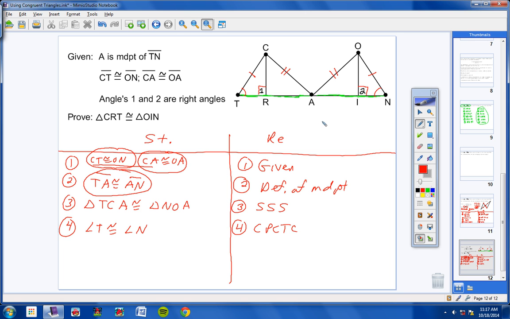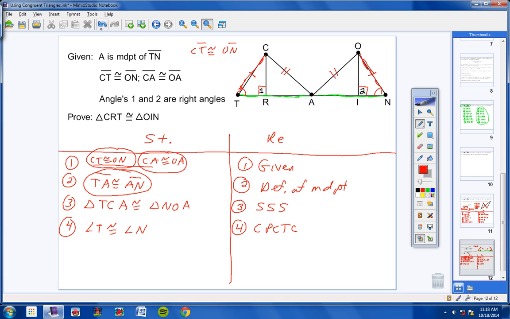Now, in order for me to state that this triangle right here is congruent to this triangle over here, I've got to be sure and state some things. For example, I have to state that CT is congruent to ON. This side here is congruent to this side here.